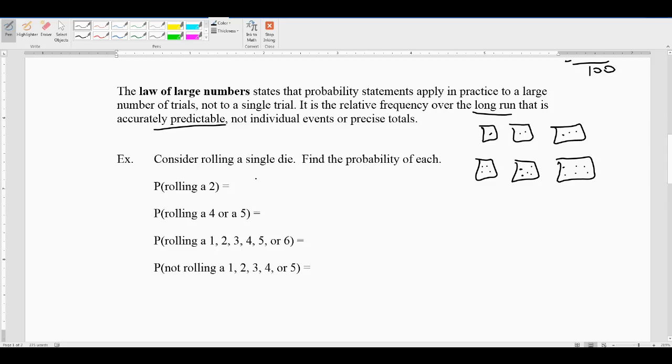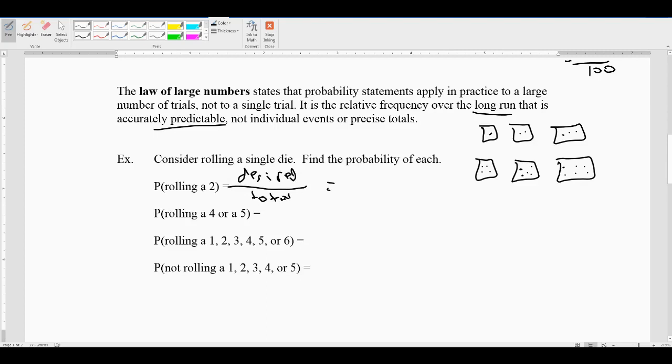So here's what we're going to do. The probability of rolling a 2 is the number of times a 2 is rolled divided by, well, I'm just going to make it even easier. That's just too much writing. I'm just going to use desired divided by the total, because it works.